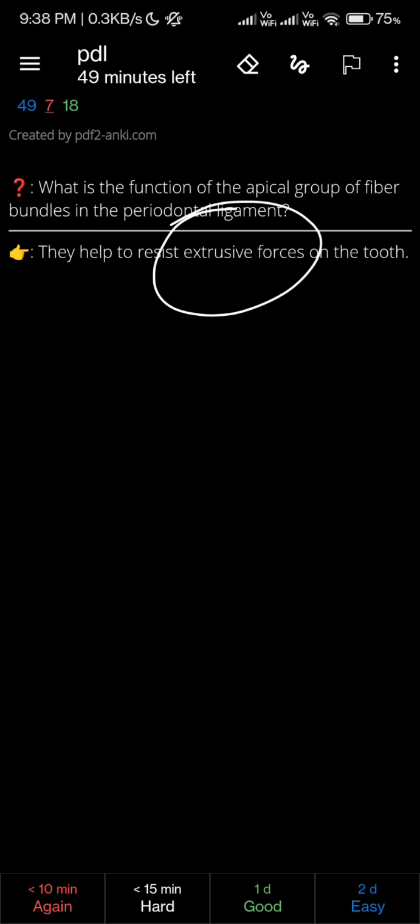Tooth tipping is what we were learning. They help to prevent extrusive forces on the tooth. That is the function of the apical group of fibers.